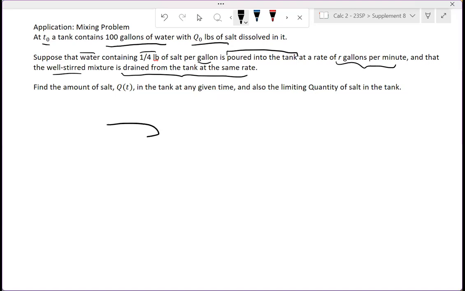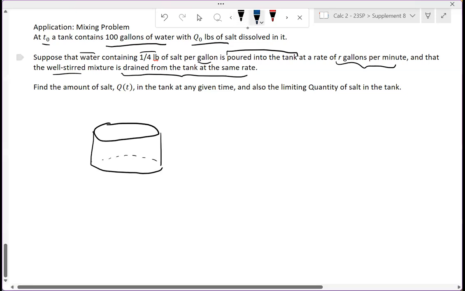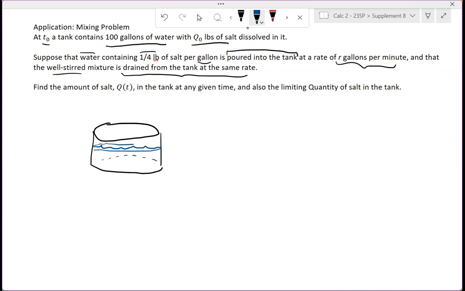So what do we have? We have a tank. It has 100 gallons of water in it. And it initially has q naught pounds of salt dissolved in it. We also have water being added to the tank.